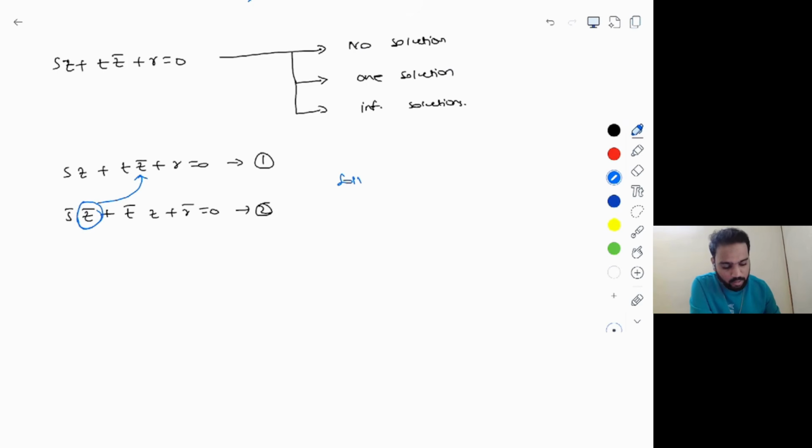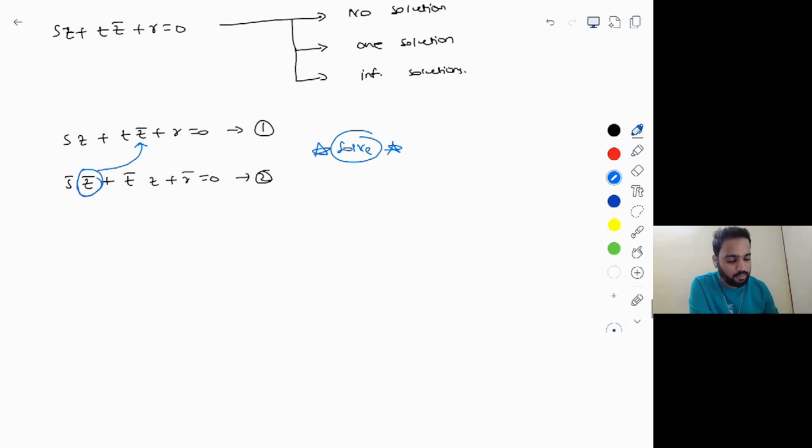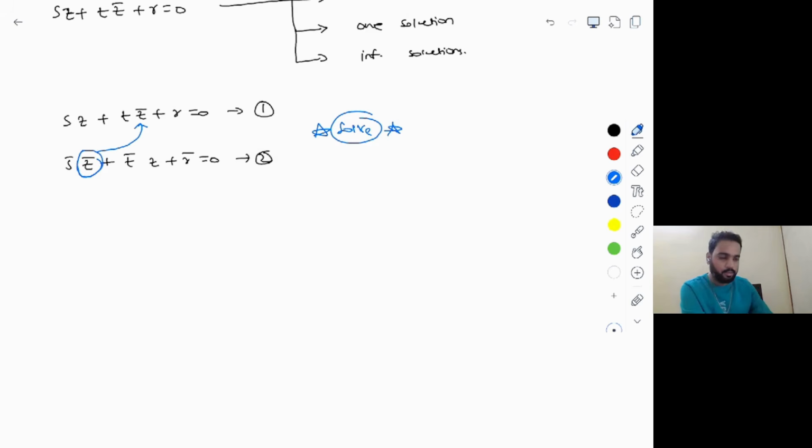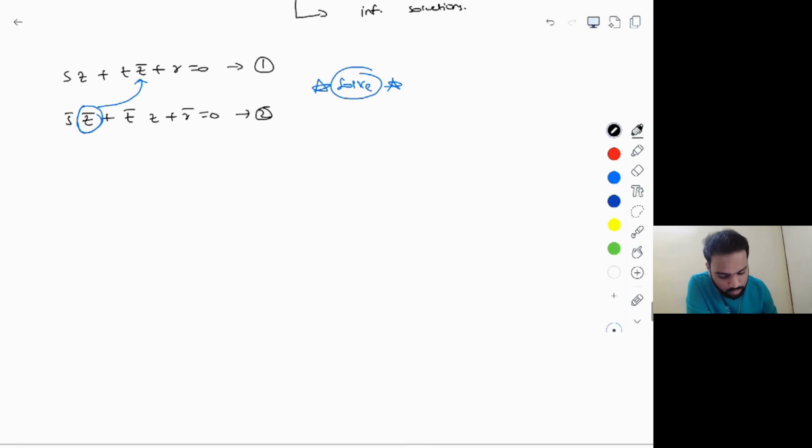So once again, I'm leaving the solving part for you. It's not a difficult thing, just solving two equations in two values, Z and Z bar. So take the value of Z bar from here and substitute in equation number 1, and properly try to separate the value of Z. As I told, I'm leaving the calculation part for you guys. If you do that, you will get an equation something like this: mod S square minus mod T square, multiplied by Z, is equal to R bar into T minus R into S bar.